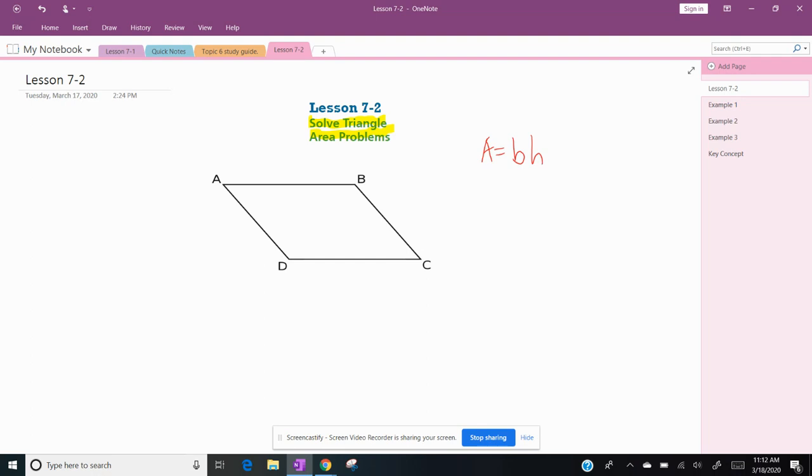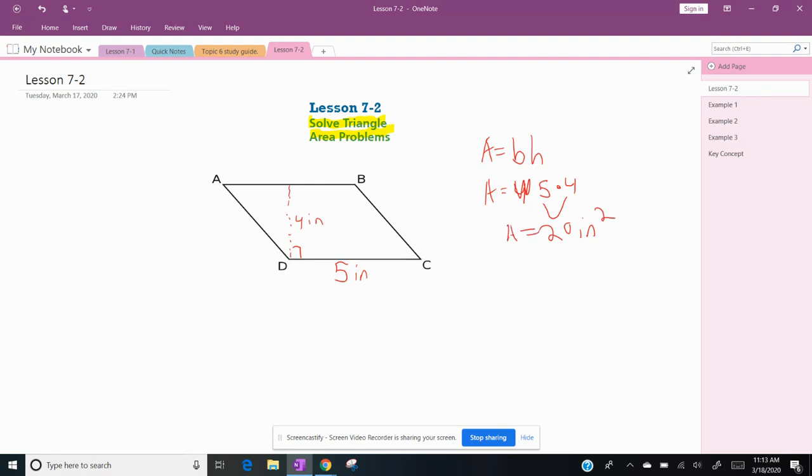So if I said the base of this parallelogram was 5, and the height, remember the height forms a 90-degree angle, could be 4 inches, you would be able to figure out the area. 5 times 4, base times height, we get 20 inches squared for our area.